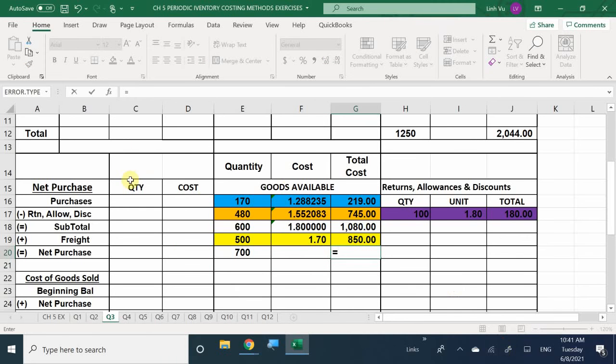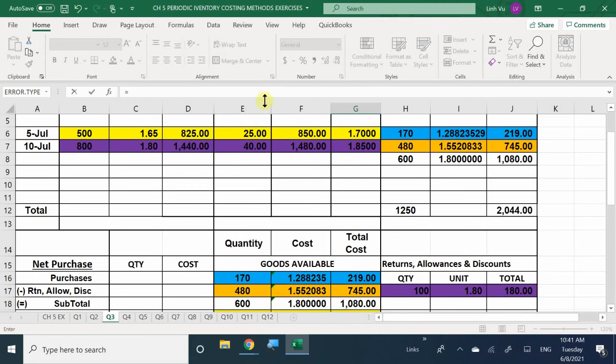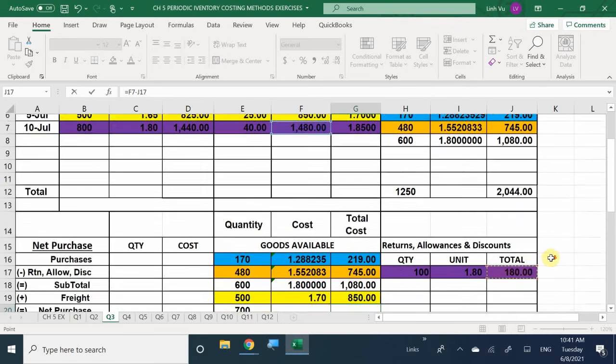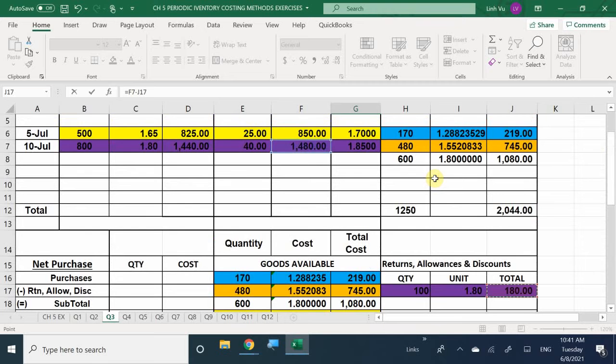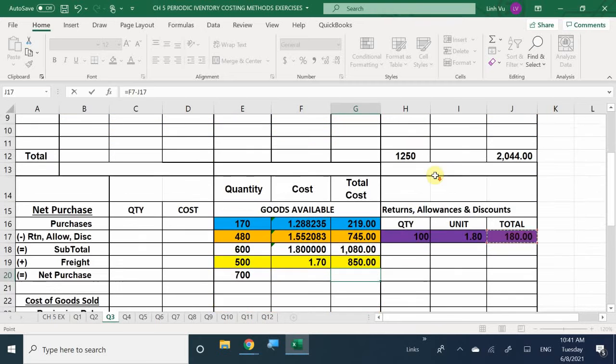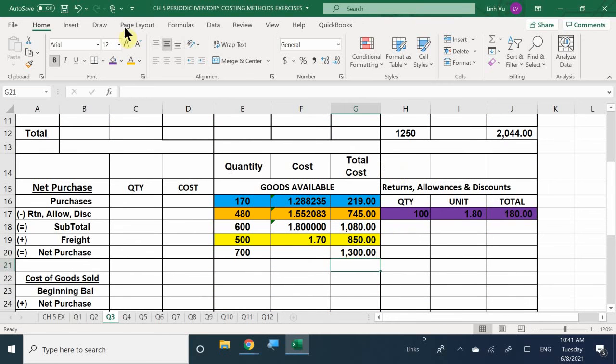So in this case, I didn't pay a total of $1,480. I end up returning $180. So therefore, what should be my actual new total cost now? So $1,480. So $1,300. $1,300.